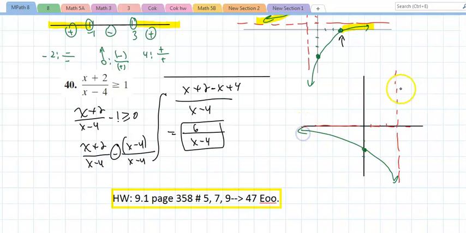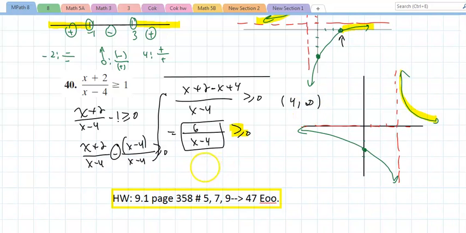There's a piece, and it's like y equal 1 over x shifted 4 units to the right. What do I want to know? I want to know where this graph is bigger than or equal to 0. Bigger than or equal to 0 right there. That is from 4 to infinity.